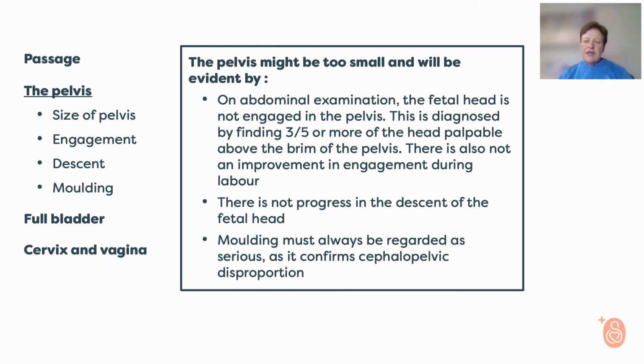Also, if there's no improvement in the engagement through labor, and specifically when there are strong contractions. Also, when there's no progress in the descent of the head, which usually goes hand in hand with a lack of engagement of the fetal head. And then molding must always be regarded as a serious possible sign of cephalic pelvic disproportion, as we have said previously.